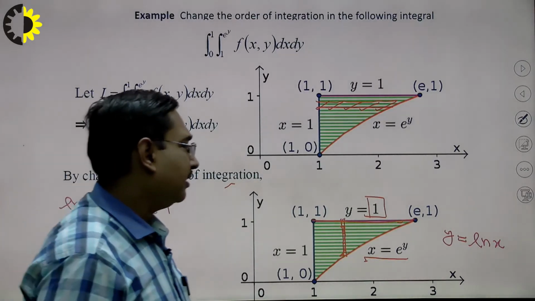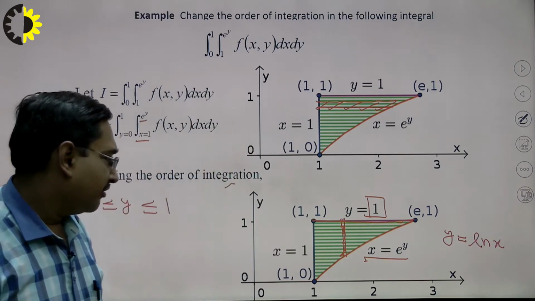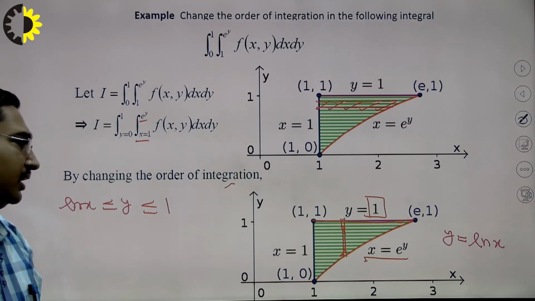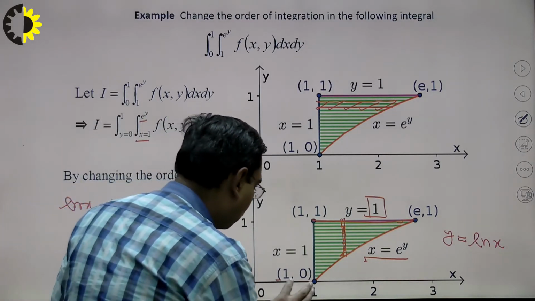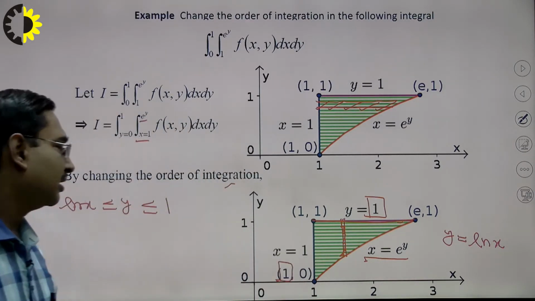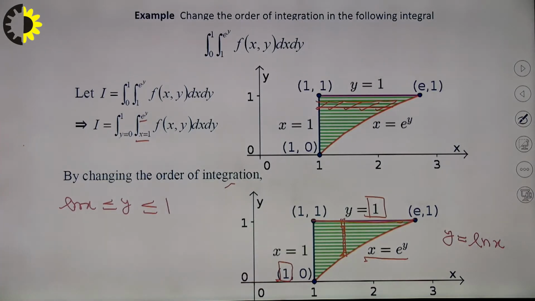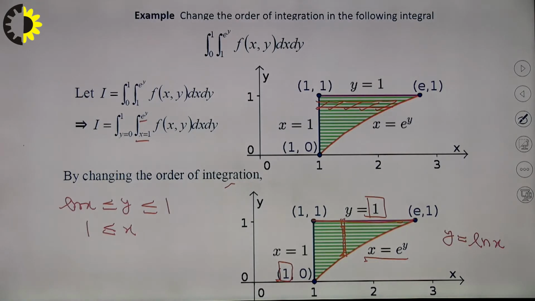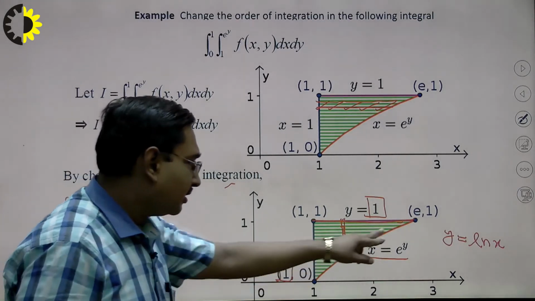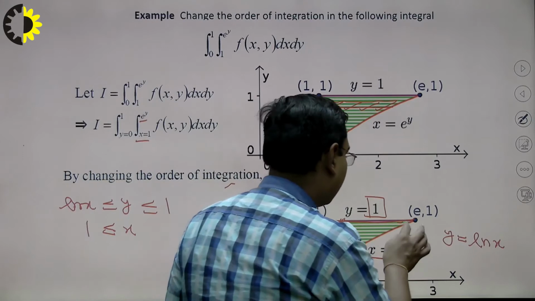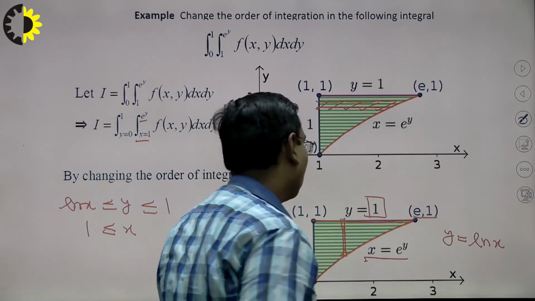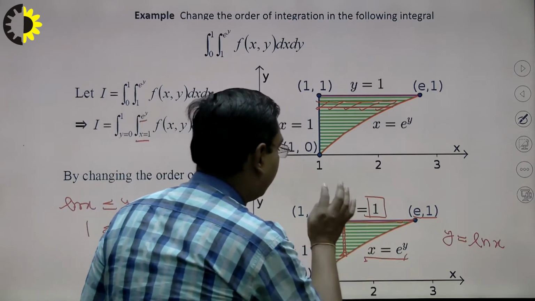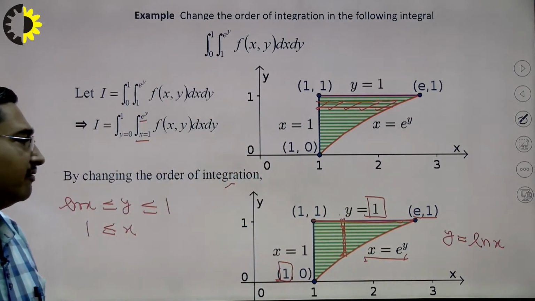Now, to find the limits of x, we will look at the extremes of the region from left to right. At the leftmost extreme point, the value of x is 1. So, x equal to 1 will be the lower limit. The rightmost extreme point is this (e, 1), which is obtained from the intersection of x equal to e raised to the power y and y equal to 1.